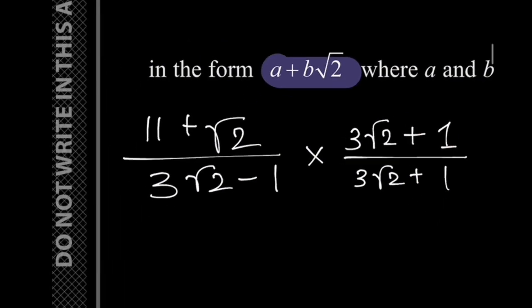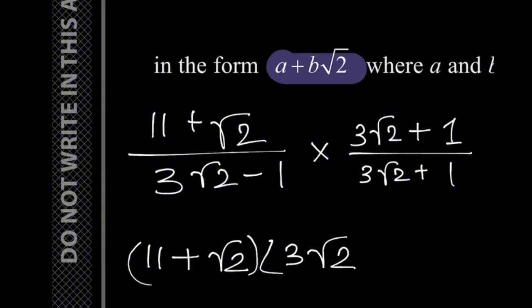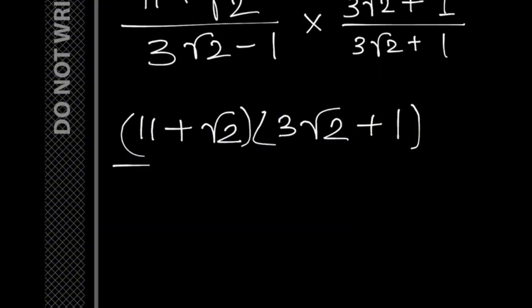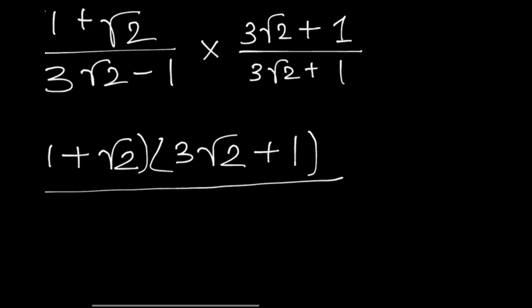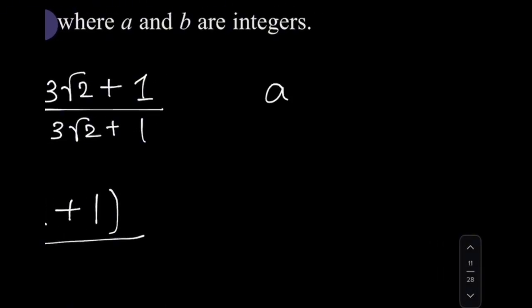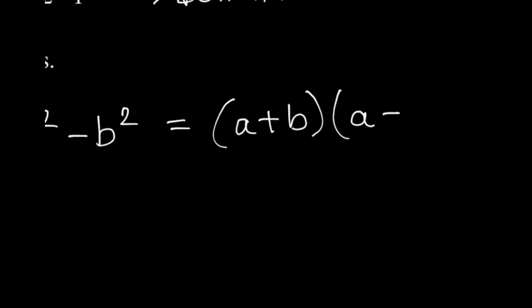Okay, now we're gonna multiply both sides. Let's write it like this. 3 root 2 plus 1 divided by... Okay, now here, how are we gonna solve it? We know that a square minus b square equals to a plus b times a minus b.